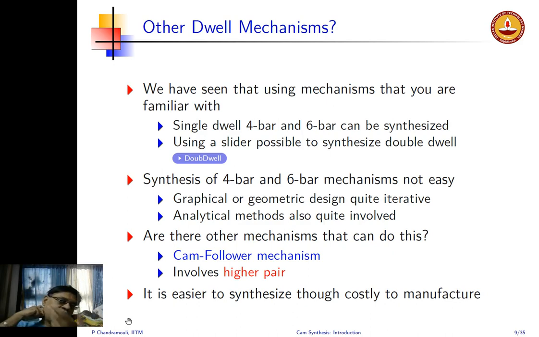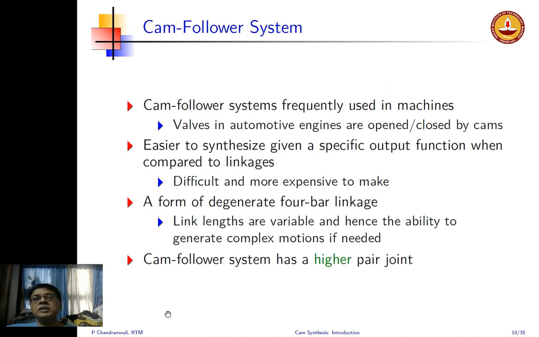There do exist mechanisms called cam follower mechanisms, which involve higher pair joints. They provide the ability to get these kinds of dwell motions, and can also control these dwell motions more easily, but they are difficult to manufacture. These are used in machines.